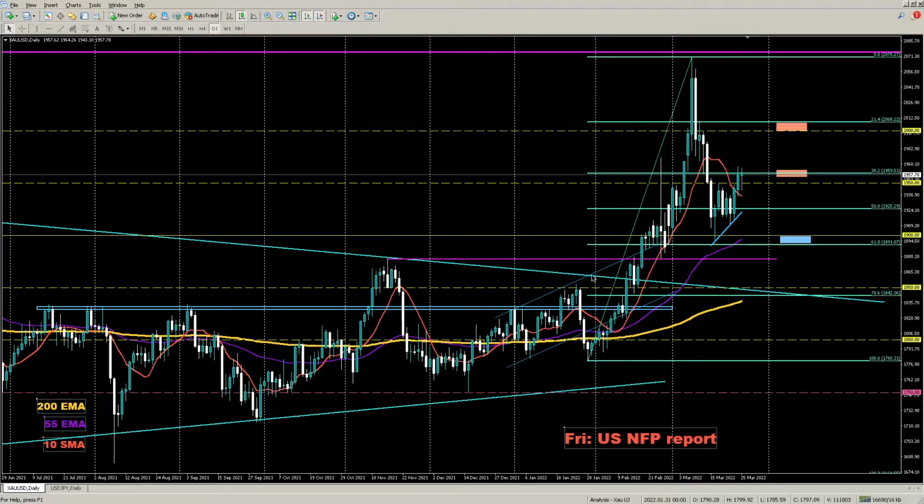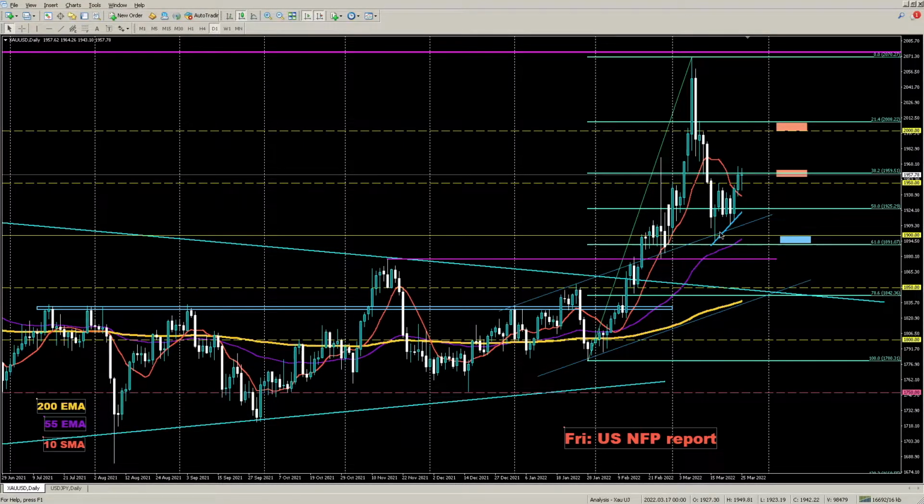Okay, we extend this bullish channel trend line as well.